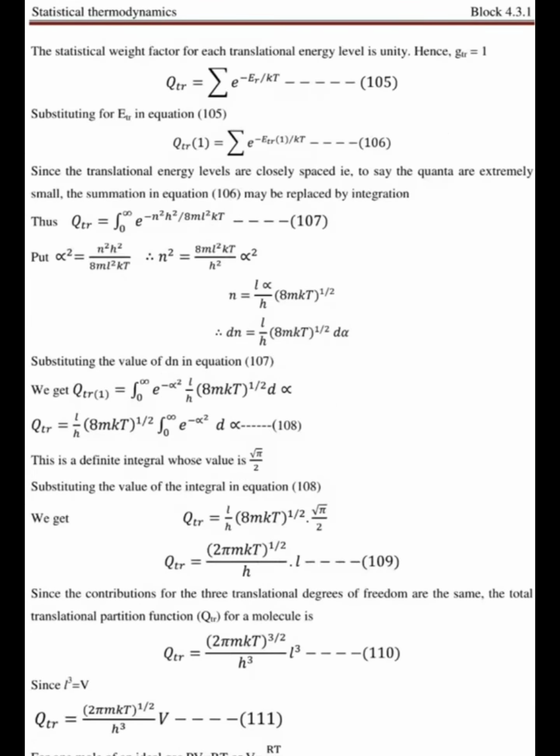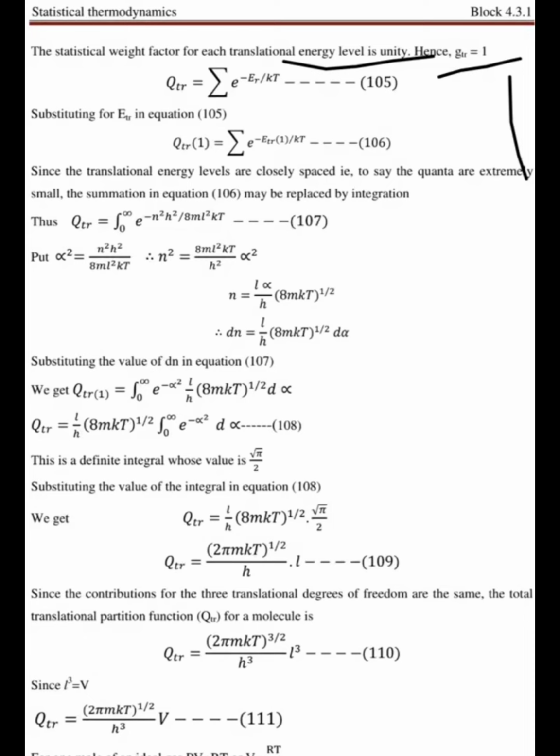For equation 104, QTR, the translational partition function, is equal to summation of gTR times e to the power of minus ETR divided by kT. Taking the statistical weight factor for each translational energy level, the unit is unity, where gTR is 1.